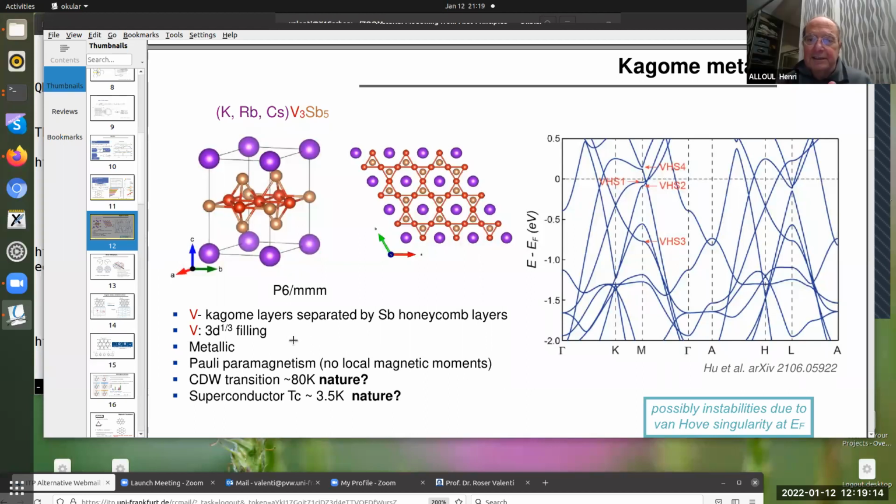Yeah, the difference is our system is an oxide, so you have some reasons to get more correlations, and we need the correlations to induce the Kagome. I'll briefly show that tomorrow, maybe. Okay.